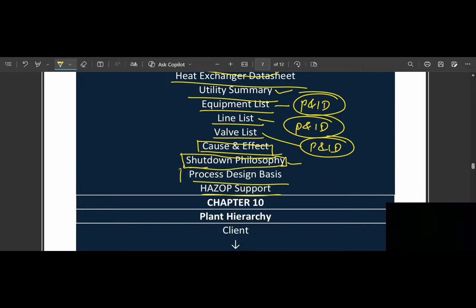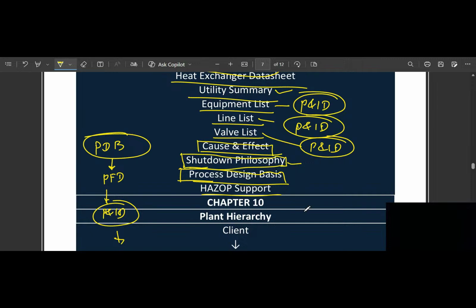Then PDB, process design basis. Okay. So process design basis, PDB. This PDB is the base of any engineering. After this PDB, you will get PFD, then PNID, okay, and so on, like equipment list, line list.